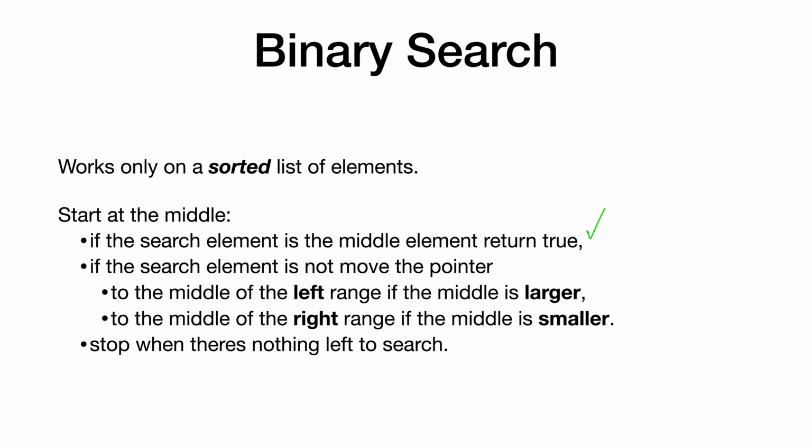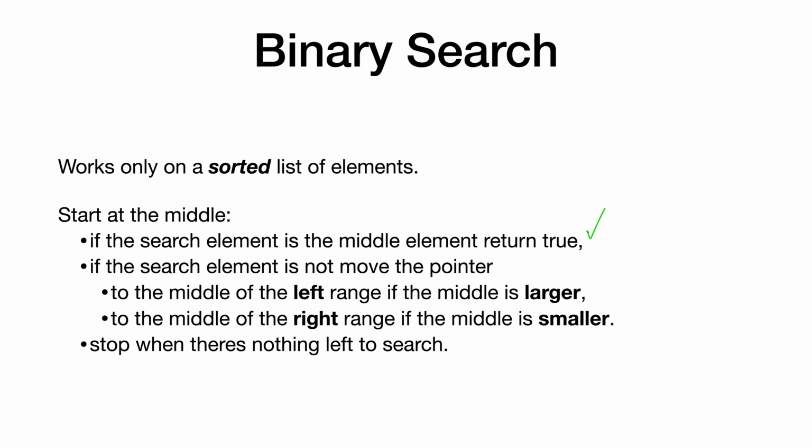If it is not, then we're going to move the pointer and this range either to the middle of the left side of the range, if the middle is larger, because remember, we know they're in order. So if the middle point is bigger than what we're looking for, then we know what we're looking for has to be on the left side. If the middle point is smaller, then we know if it exists, it has to be on the right side.